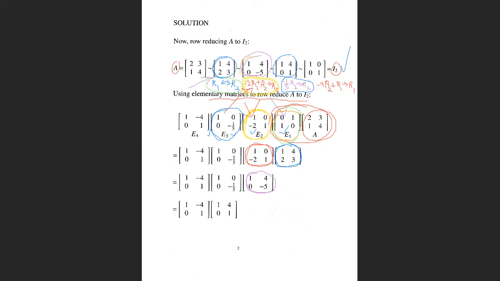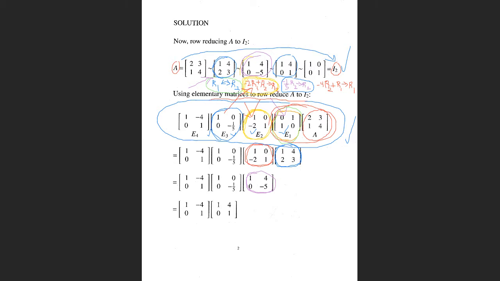But theoretically, it's helpful to describe the process of row reduction by matrix multiplication. In fact, all these 4 row operations that I did on the matrix A can be represented by pre-multiplying the matrix A by E1, E2, E3, and E4.